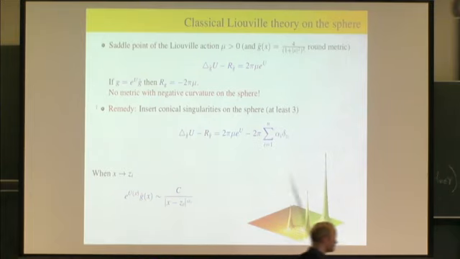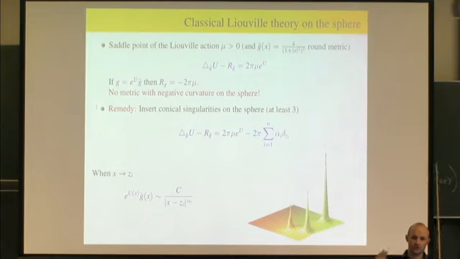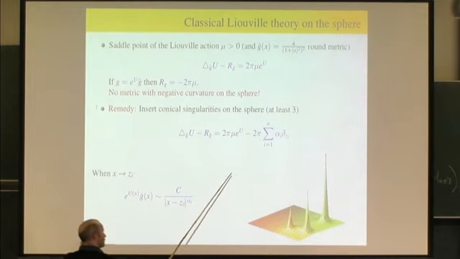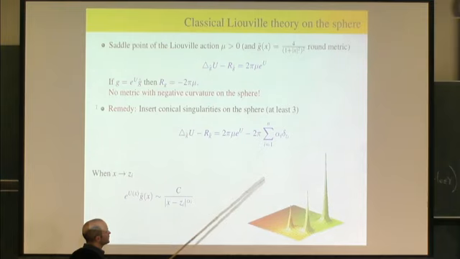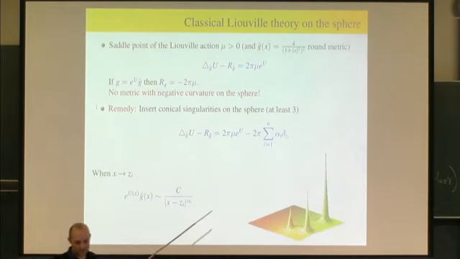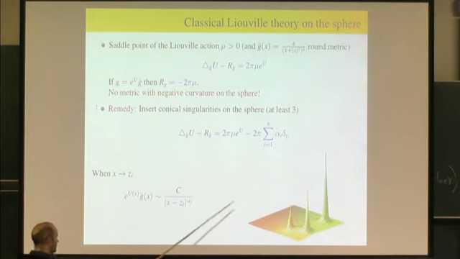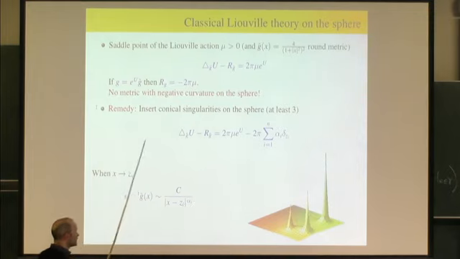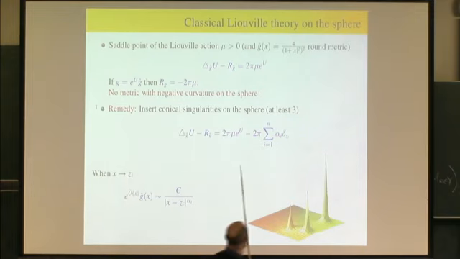You fix a few points, the z_i, on the sphere, and at these points you plug a lot of curvature. If you want to put a mathematical framework to this claim, you just add some Dirac masses in the right-hand side of your Liouville equation. If you do so, you can hope to find a solution to this equation.